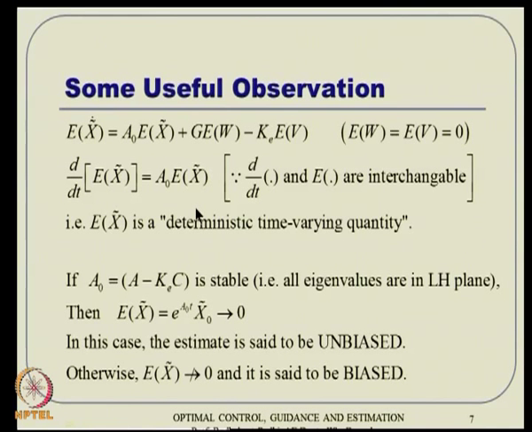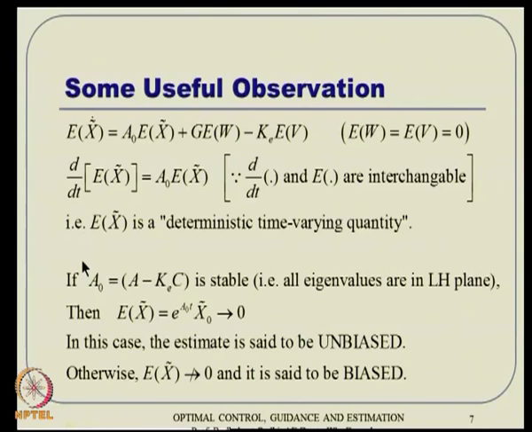So that is deterministic, and the expected value is a mean value. It is a deterministic operator actually. Once you operate the expected value, the result turns out to be a mean value number basically. So when you talk about the expected value of the error and its dynamics, d/dt of that, it is governed by something like that.